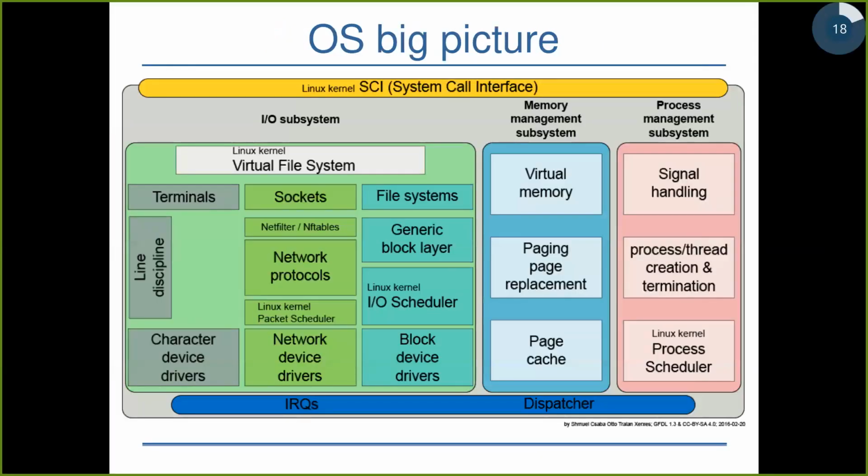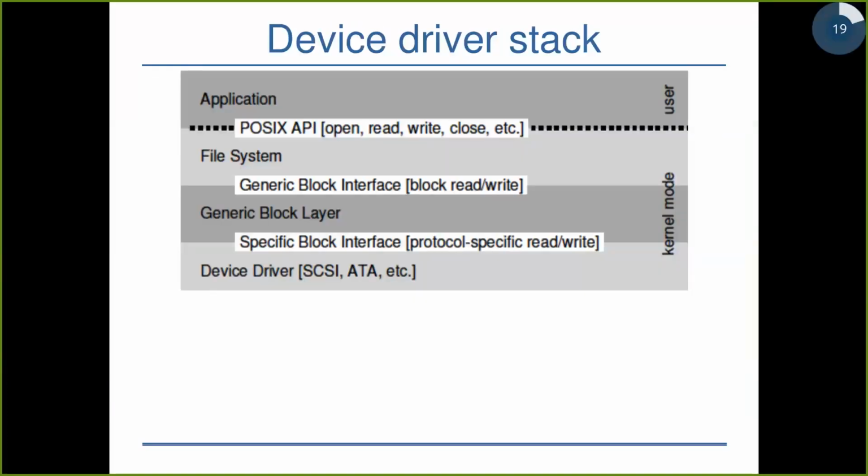So that was the generic block layer that we had below the file system. Then from this generic block layer, it has to access a specific block interface. It can be some SCSI device, or maybe some more modern block devices. So that will reach the device driver layer for that particular protocol and so on, right?